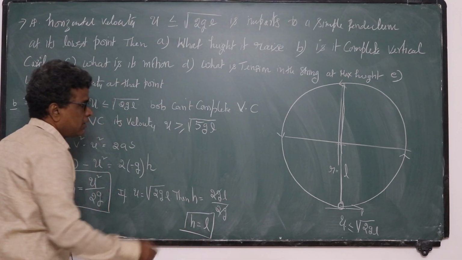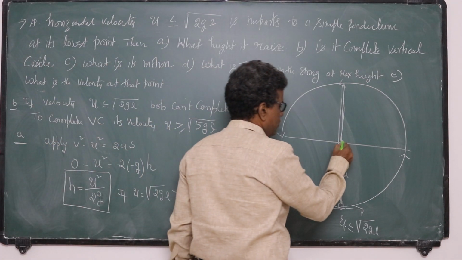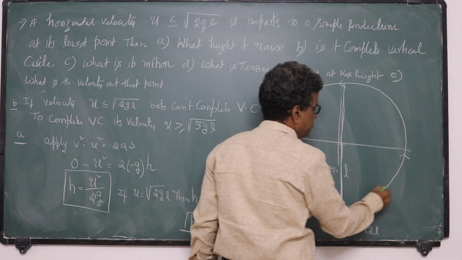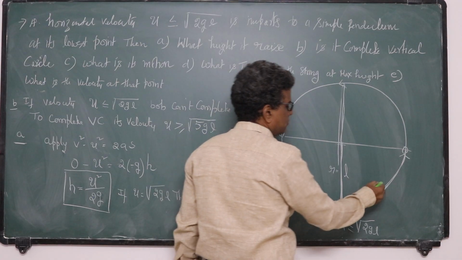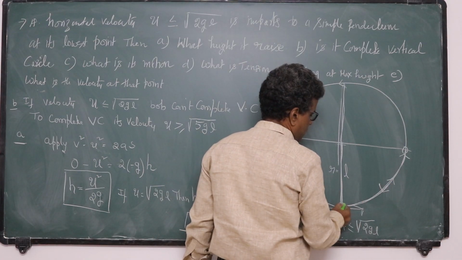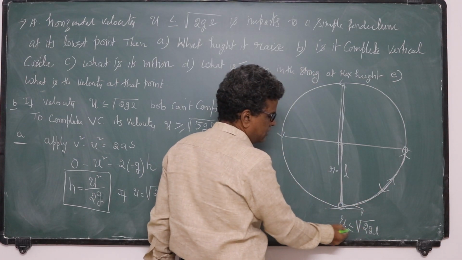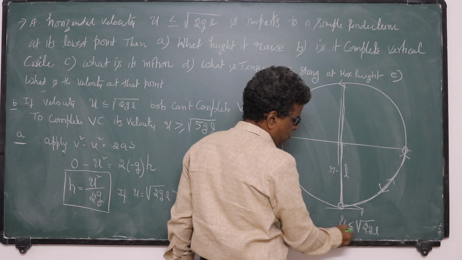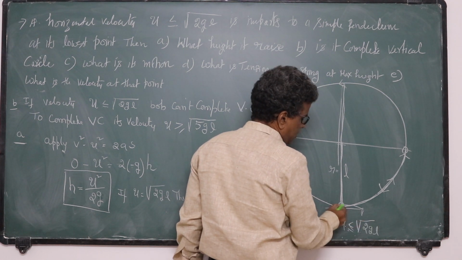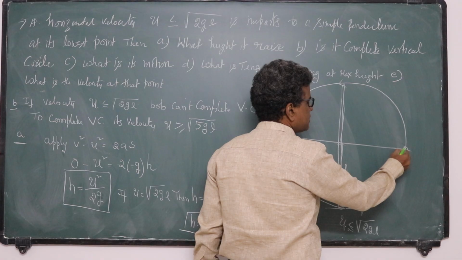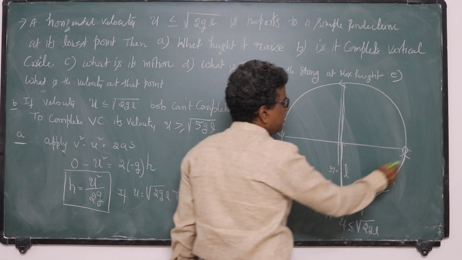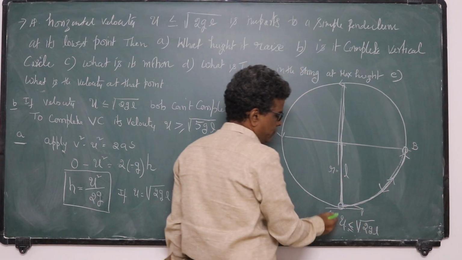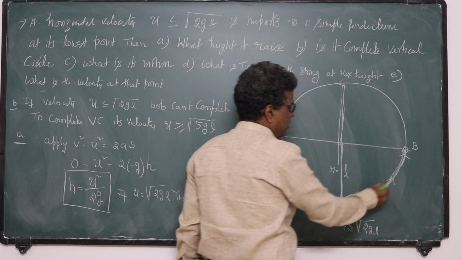That means it will rise up to here. So it will move up to here. Then it again falls down. If you impart velocity less than root 2gL, the maximum height it will rise is up to this horizontal position. Let it be A, it will reach the point B. Then it again falls down.